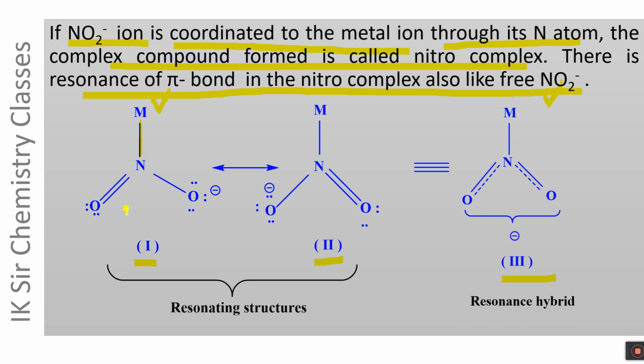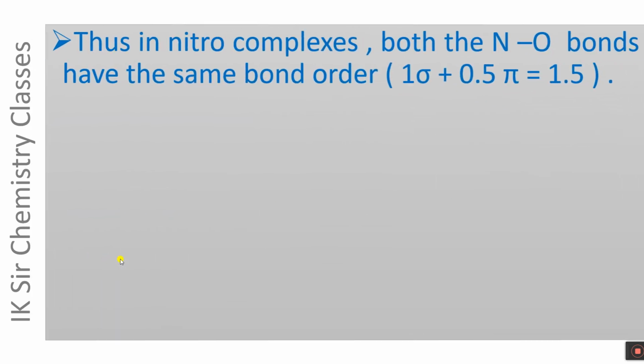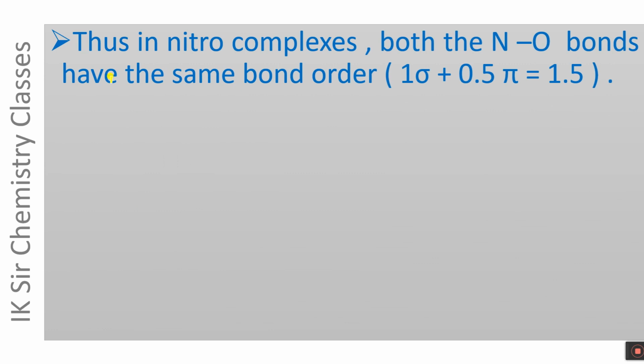One pi bond is distributed over 2 positions, and hence at one position the number of pi bonds is 0.5. Thus, both the nitrogen oxygen bonds have the same bond order, 1 sigma 0.5 pi, that is 1.5.